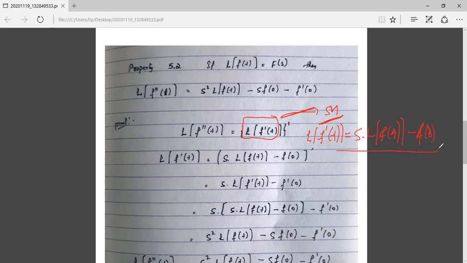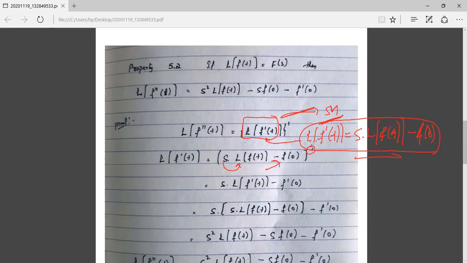So using this property, instead of writing this function, we will write s times the Laplace transformation of f of t minus f of 0, and the whole derivative is there.